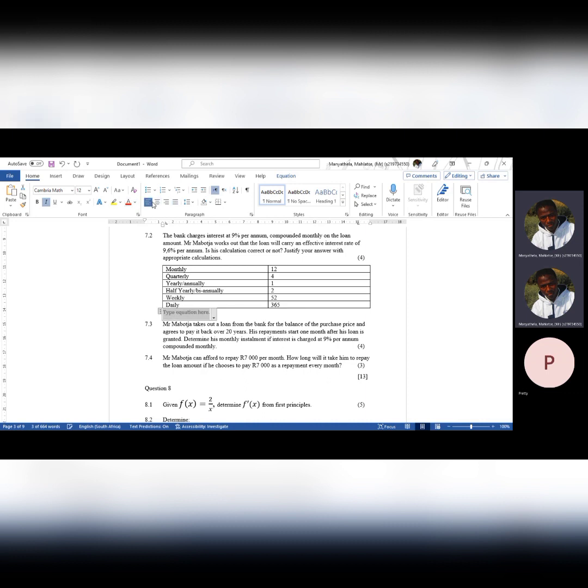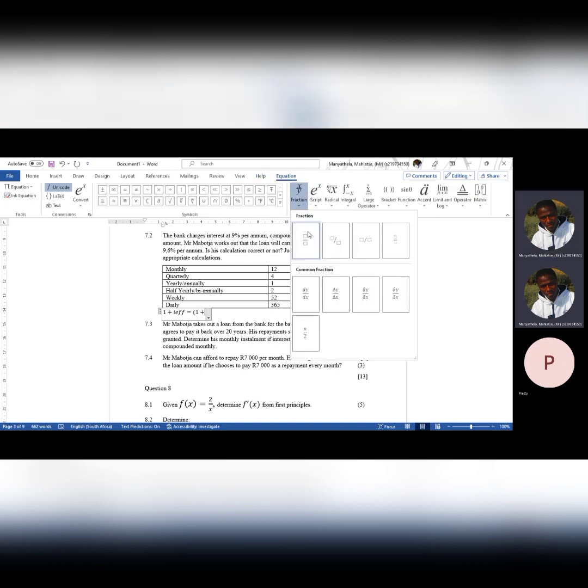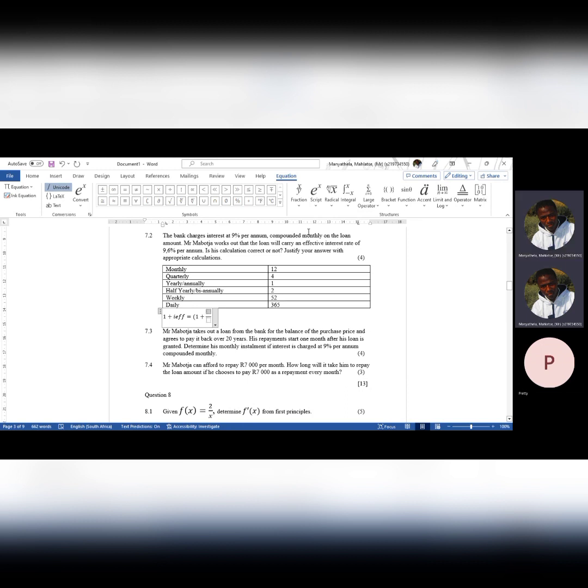The formula for effective interest rate is 1 plus i_eff equal to, in brackets, 1 plus the nominal interest rate over m, to the exponent m.